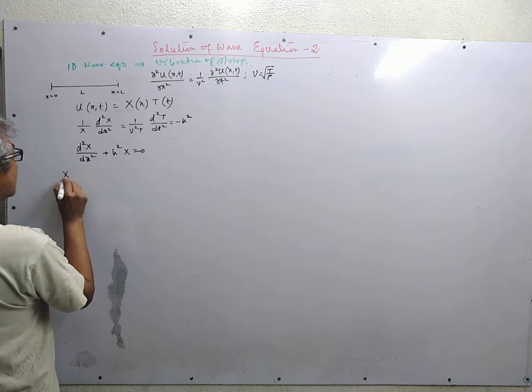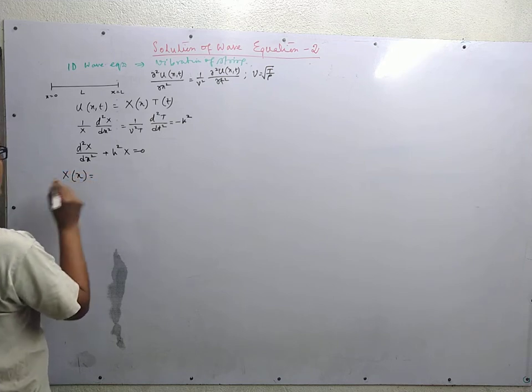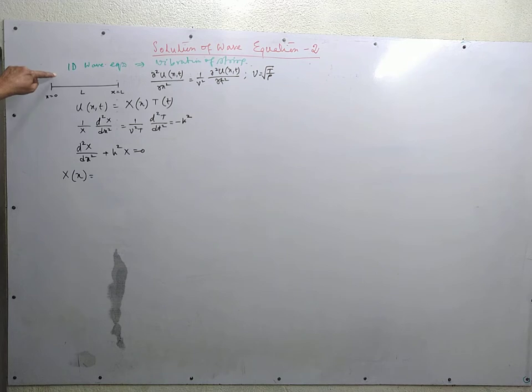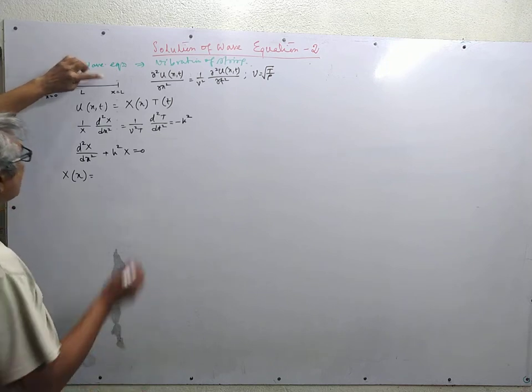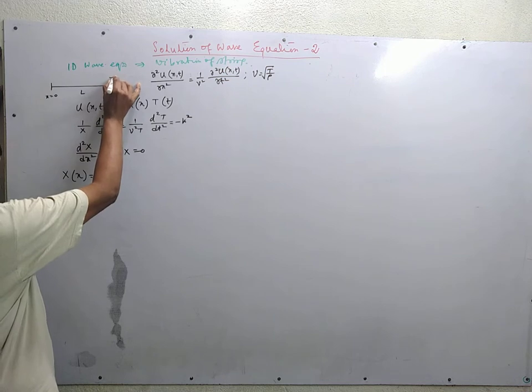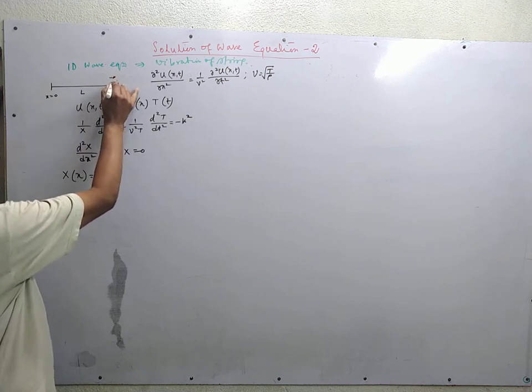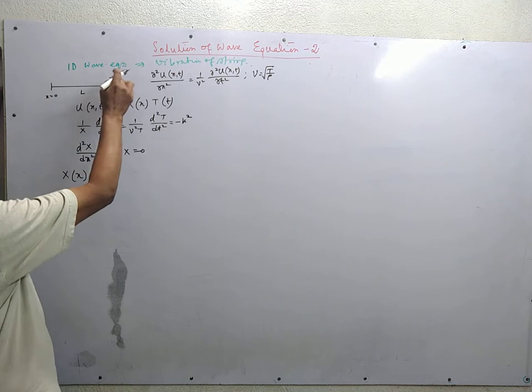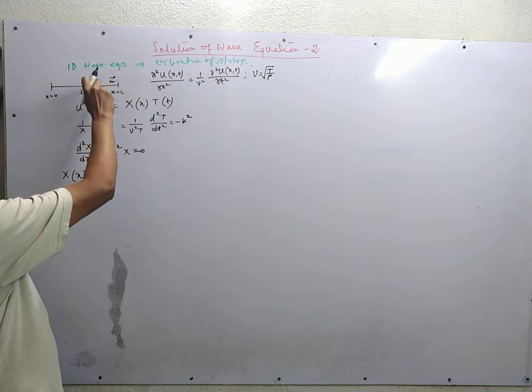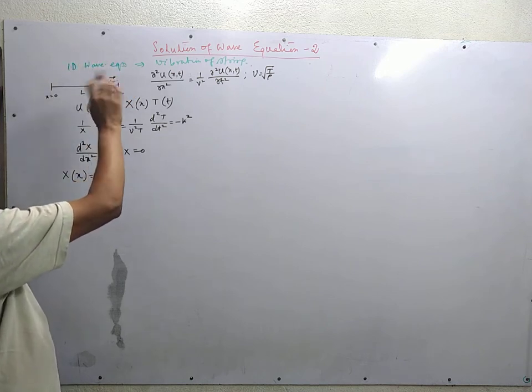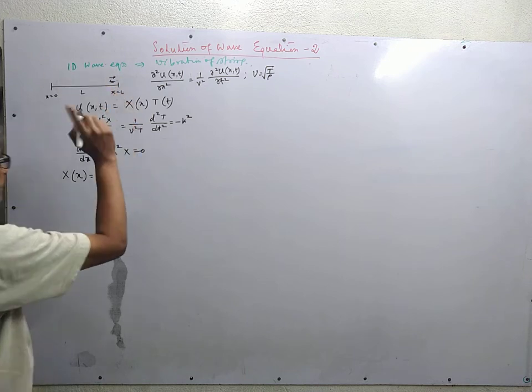Now the solution for the x equation may be in the form of traveling waves, which are e to the power plus ikx and e to the power minus ikx. But here we assume the solution in the form of stationary waves, because the wave traveling towards the right gets reflected from the end x is equal to L, and so there is a superposition of two identical waves traveling in opposite directions, so stationary waves are formed.